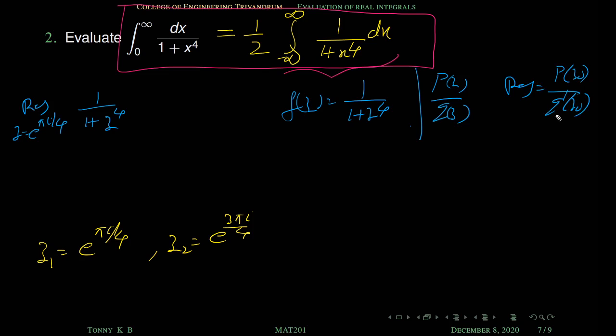We have a standard formula for calculating the residue of functions like this, p of z by q of z, where z naught is a simple zero of the denominator. So here the residue is equal to 1 by the derivative of the denominator, that is 4 z raised to 3 at e raised to pi i by 4. So this is equal to 1 by 4 times (e raised to pi i by 4) raised to 3, that is e raised to 3 pi i by 4.